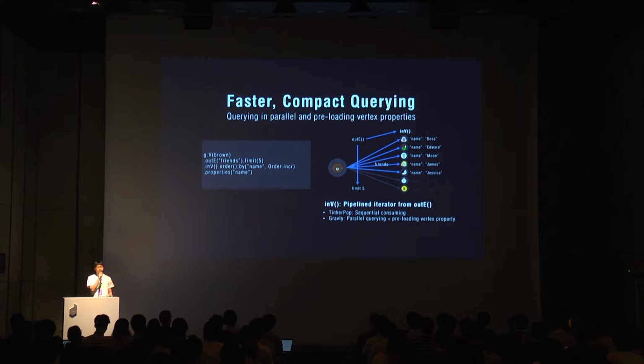From the returned list of vertices, the incoming vertex step reads the name property of the vertices sequentially. However, Gravty does the reads concurrently in parallel. Also, Gravty preloads the property by reading them at the previous step, thus reducing the query execution time.